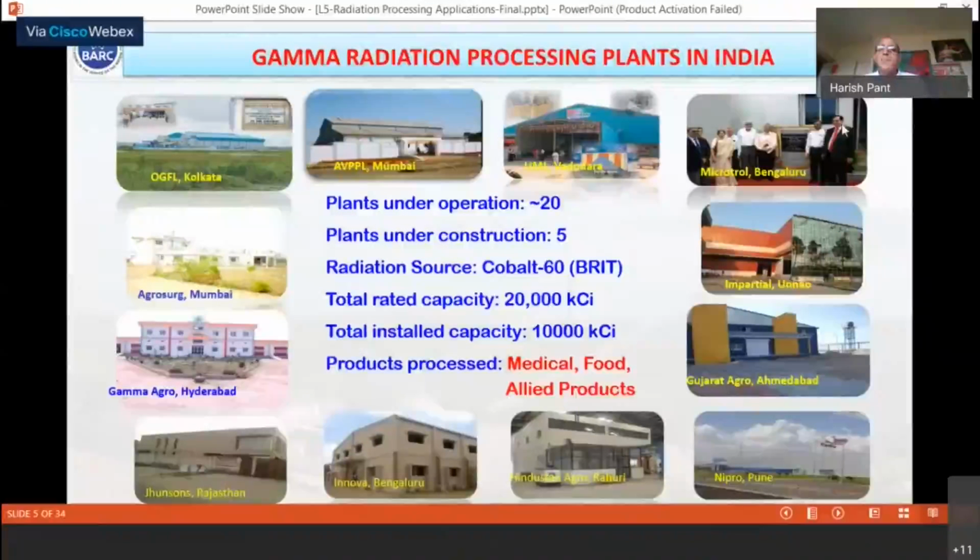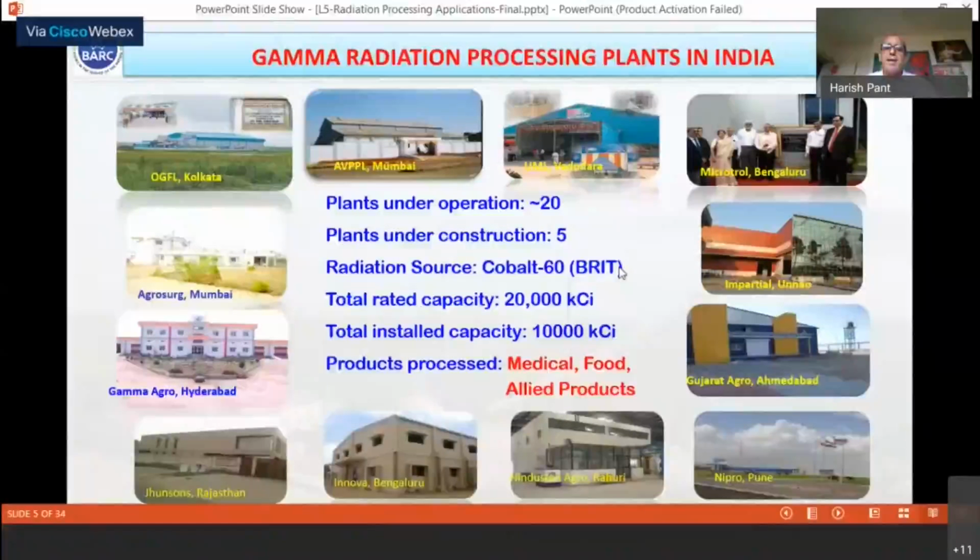Now in India, as I told you, we have more than 22 gamma radiation plants, and these plants are all cobalt 60 based. Cobalt 60 is produced in our reactors, in the Nuclear Power Corporation's power reactors, and also in BARC we have the Dhruva reactor.